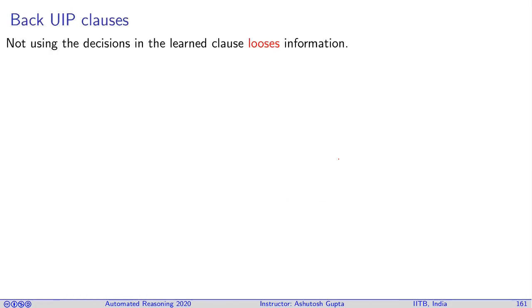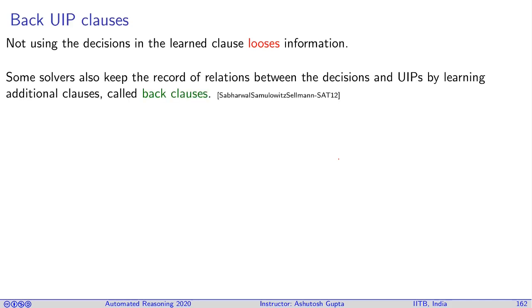Once you learn these cut clauses, you lose information. You lose the information that you made some decisions, some variables got assigned, and then they finally caused the conflict. You remember how your cut causes the conflict, but how the cut was arrived at, you lose that information. There's a way to retain that information, which we'll call back clauses.